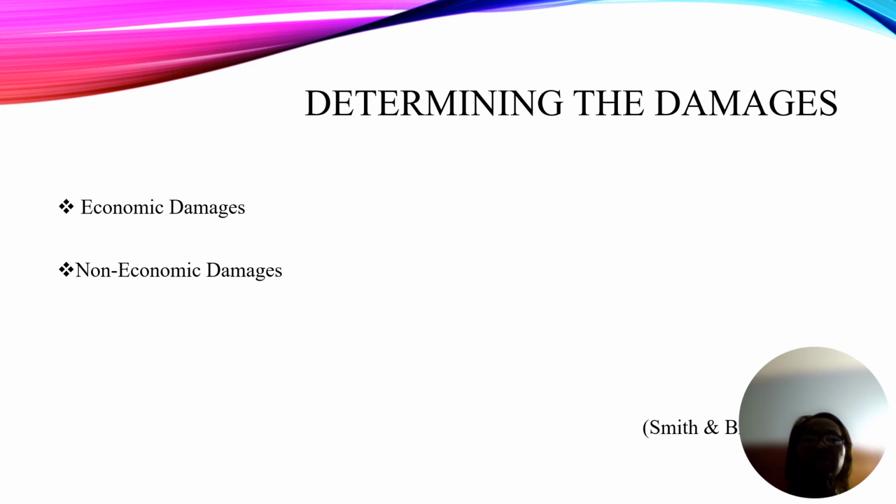Economic damages should comprehensively cover quantifiable financial losses, including medical expenses, loss of wages, and future costs associated with rehabilitation, additional corrective surgeries, and necessary assistive devices due to vision loss.